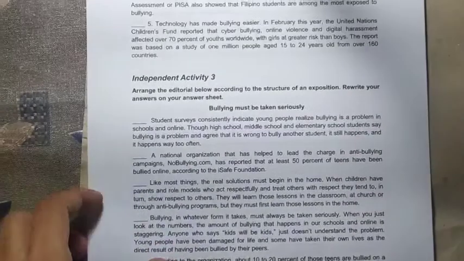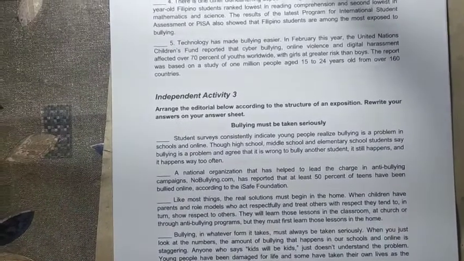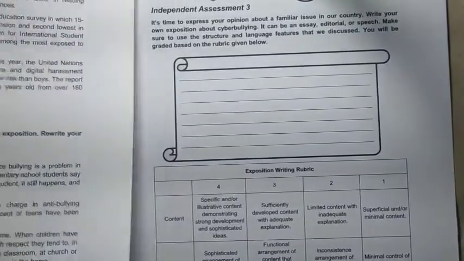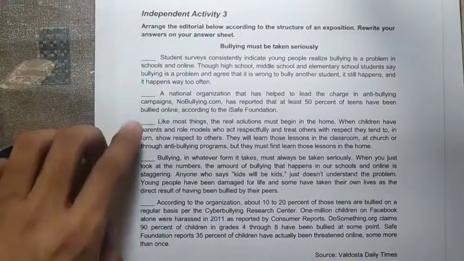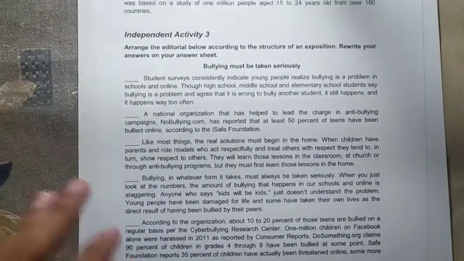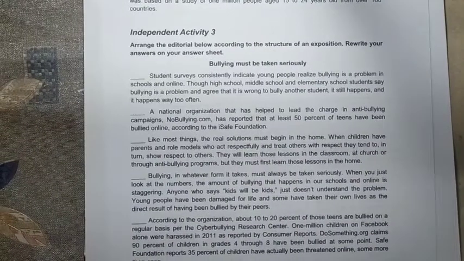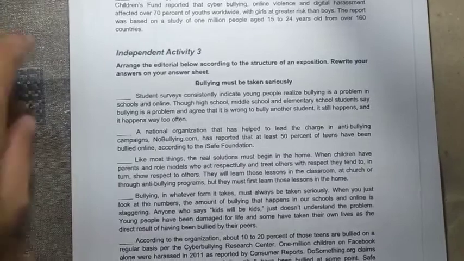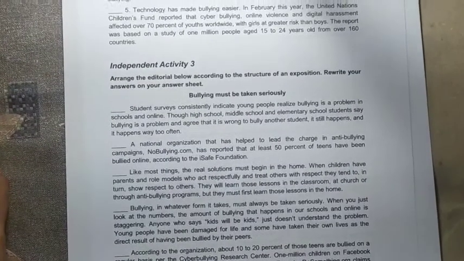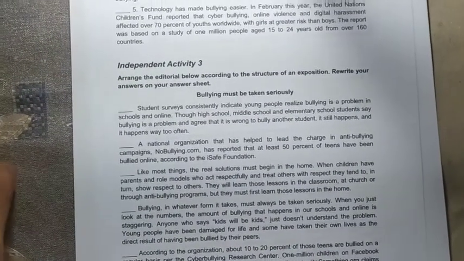So how will you answer independent activity number 3? You will just arrange these 5 paragraphs. So the first should be the statement of position. You will write it first. Then the arguments, what should come first, what should come second, what should come next.